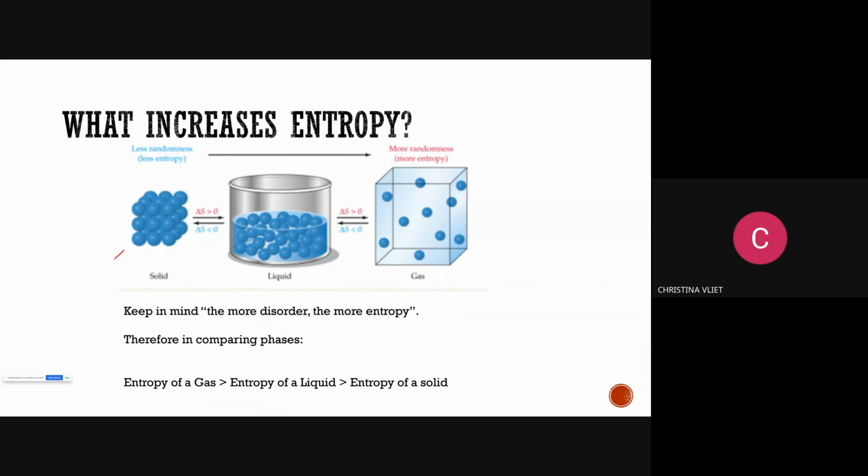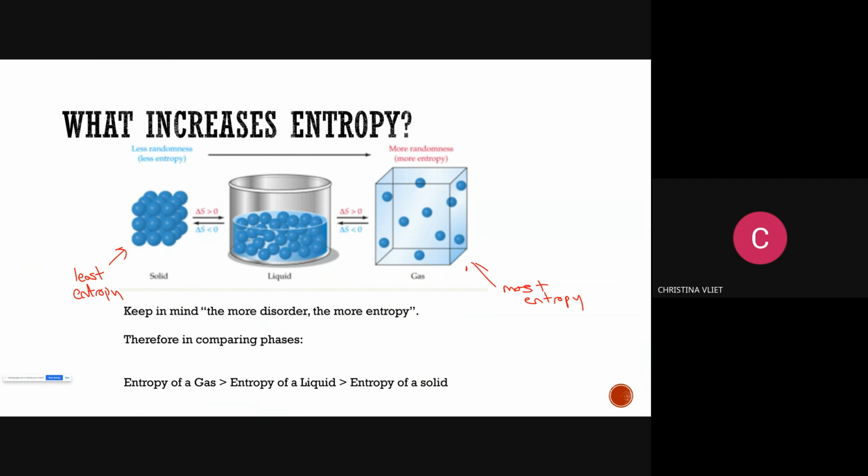Absolutely. The solid phase for any substance is going to have the least entropy, and comparing the same substance, the gas would have the most entropy. So if I add energy, I increase entropy as a result. Adding energy increases the entropy of a system.